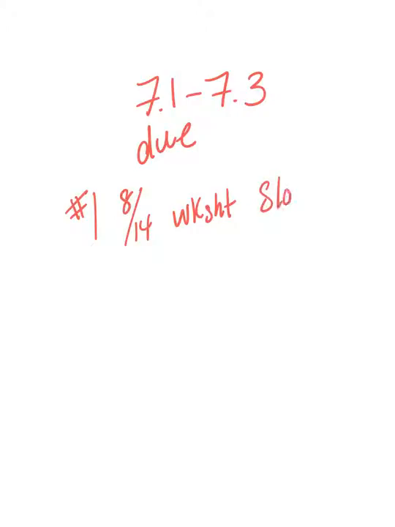Worksheet. Just practicing some slope fields. You're going to do all of them. And I want to say, according to the calendar that we put on Google Classroom, your assignment should be due August 29th. That's the day before Labor Day break.